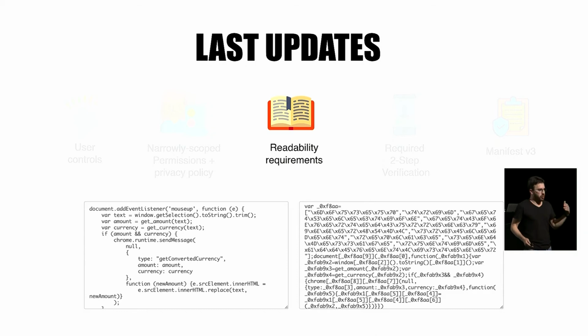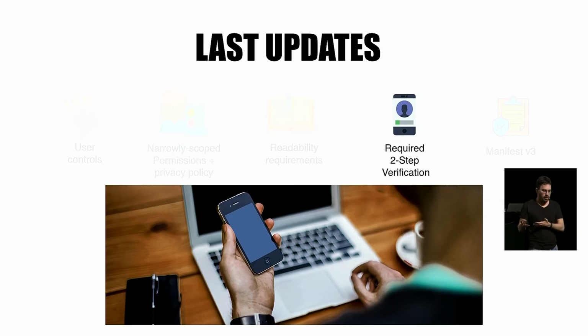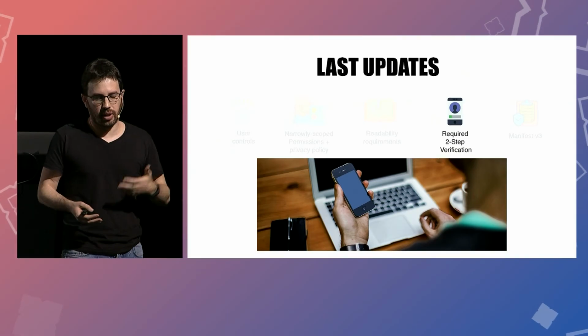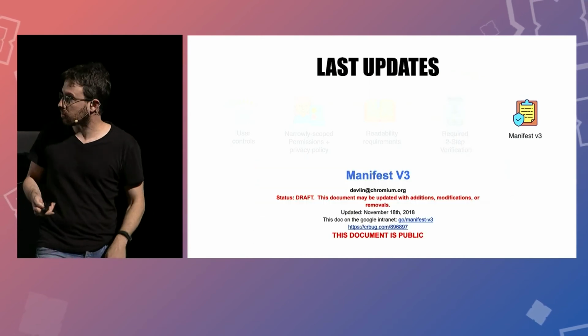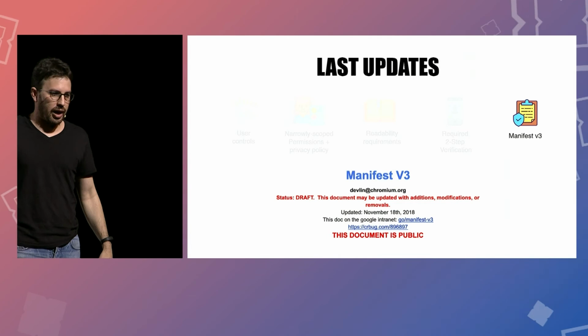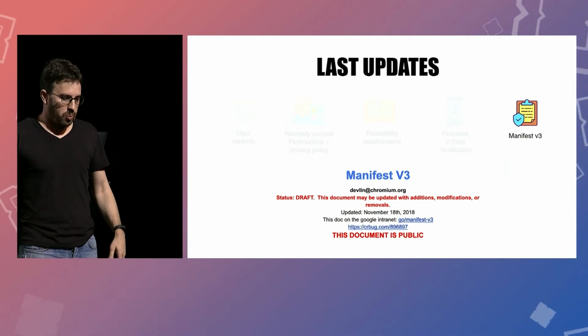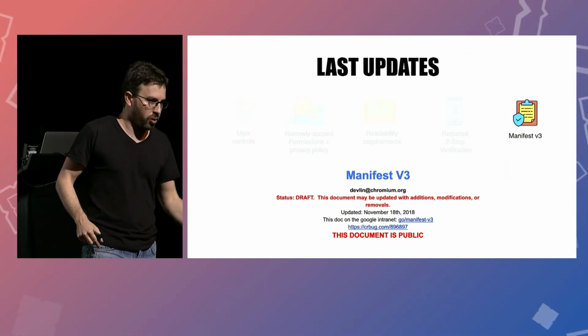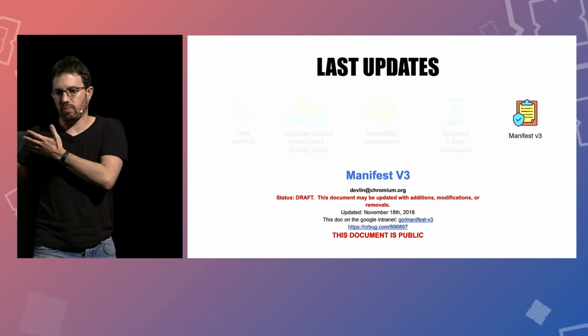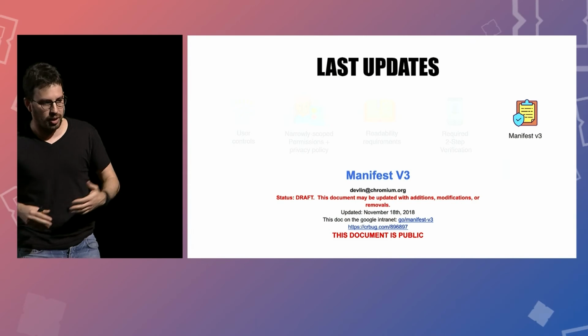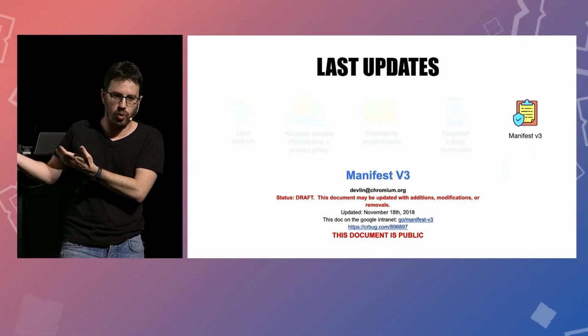They also require you to use two-step verification, just to make sure that your extension is not hijacked by malicious hackers who could then push their malicious code. And also, they added Manifest V3, which should make a huge revolution in the way permissions are built. I'm not going to talk more about this. It's a huge subject, and you can go and read more about it.